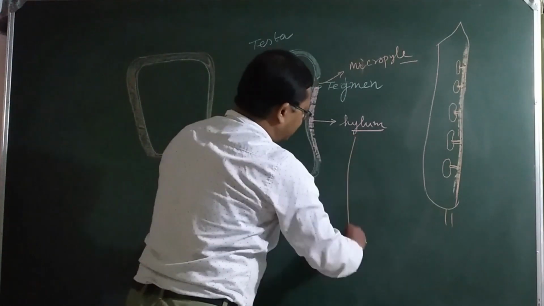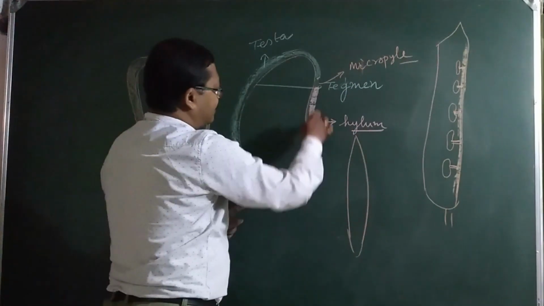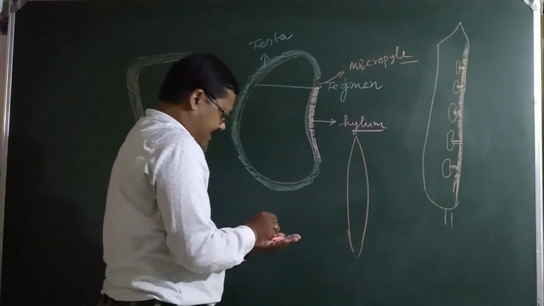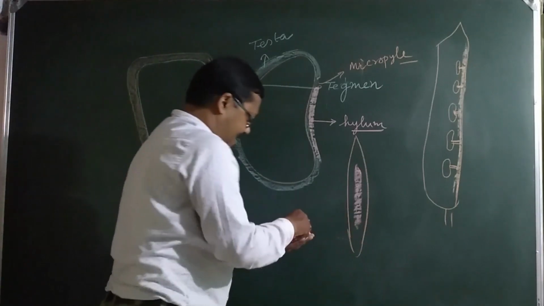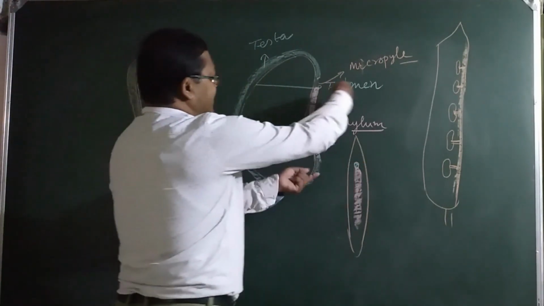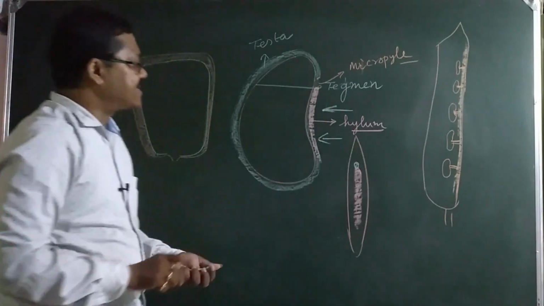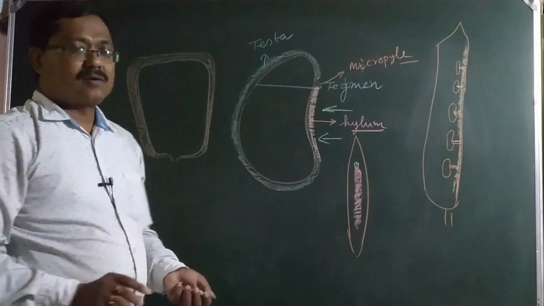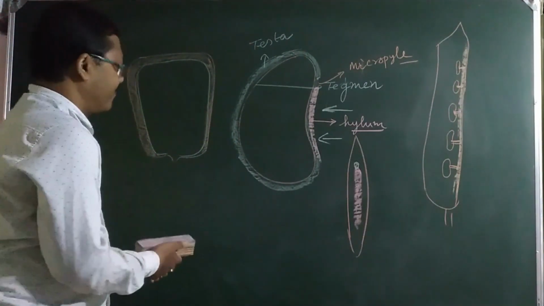When we view the front, this is the concave side, and in the concave side a scar is present. At this scar, the aperture micropyle is observed. This is the external structure of the dicot bean seed.